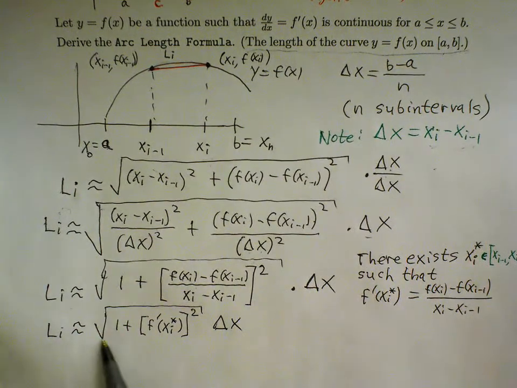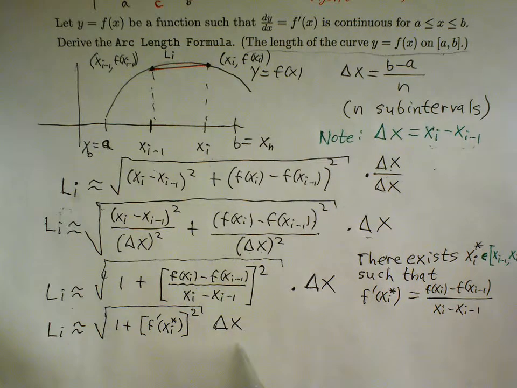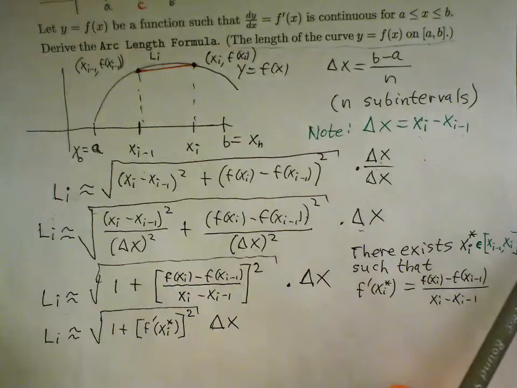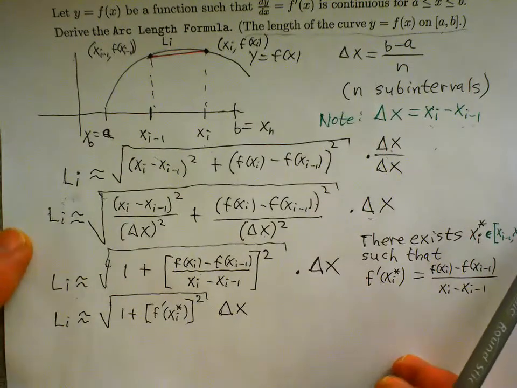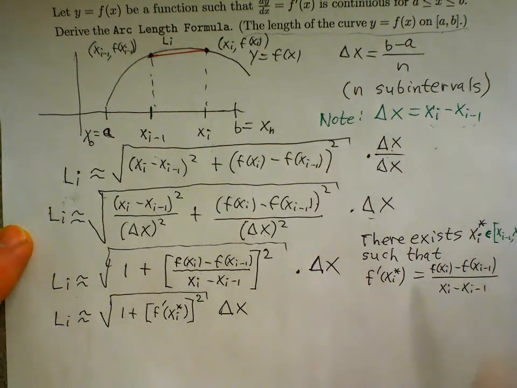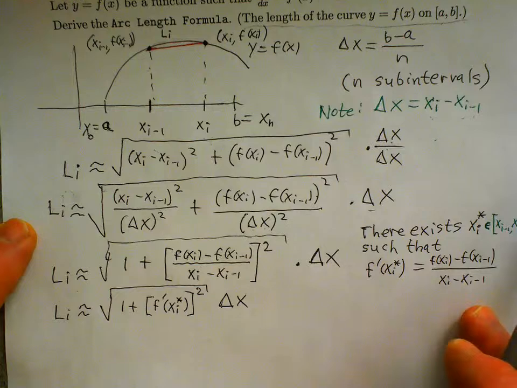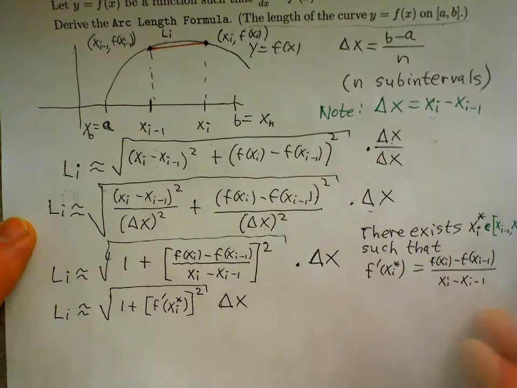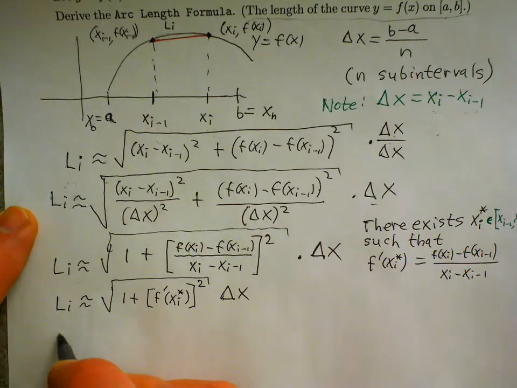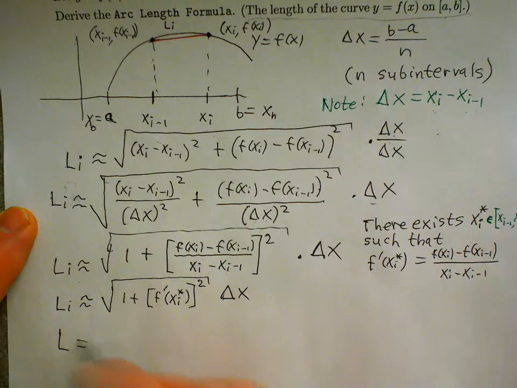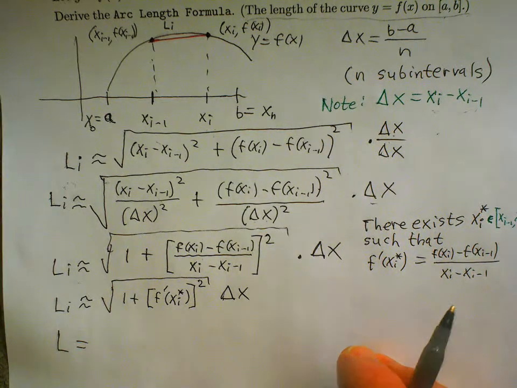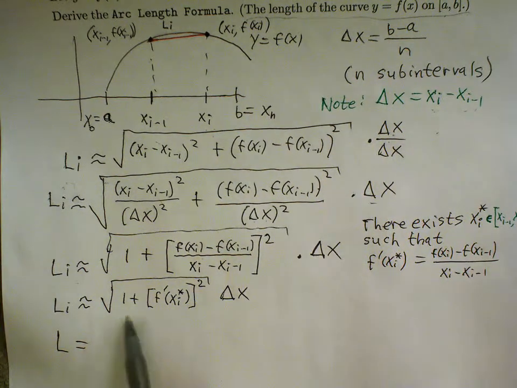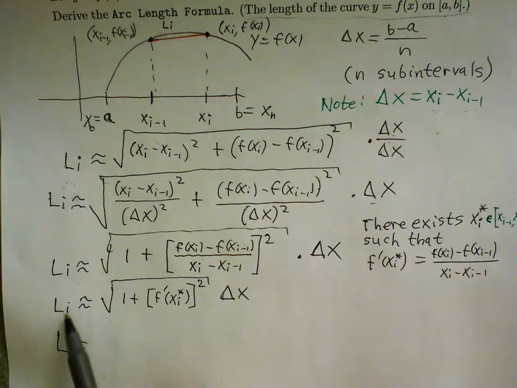We can make an approximation like this on all n subintervals. This is just one of the subintervals. And so the length of the curve y equals f of x on the interval from a to b, I'll refer to that as capital L. And we're just going to add up the individual approximations.